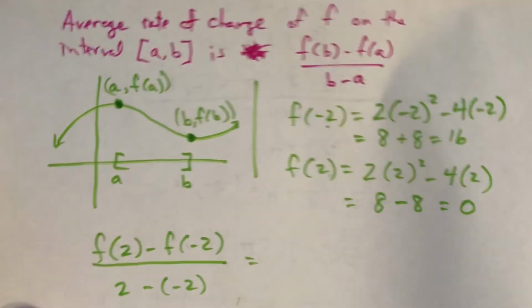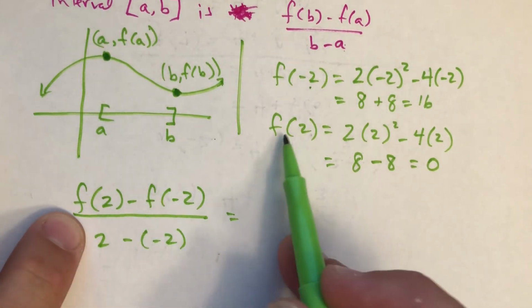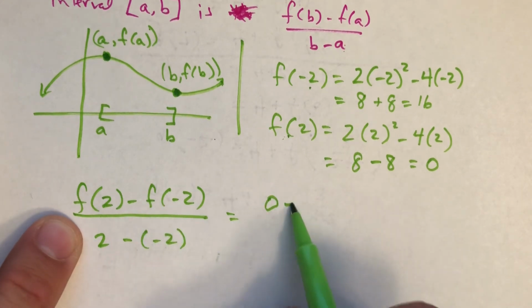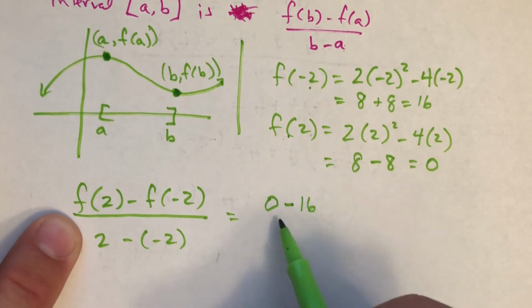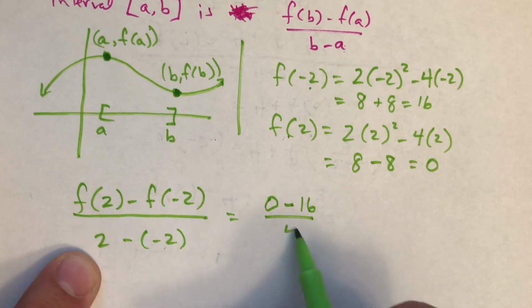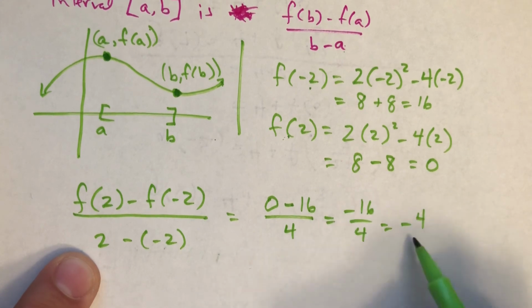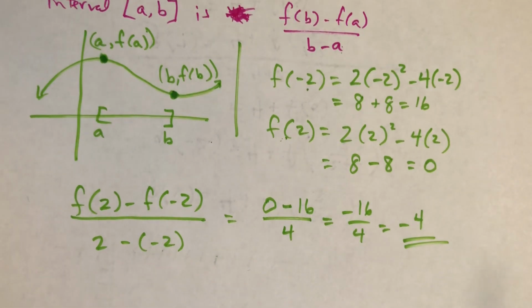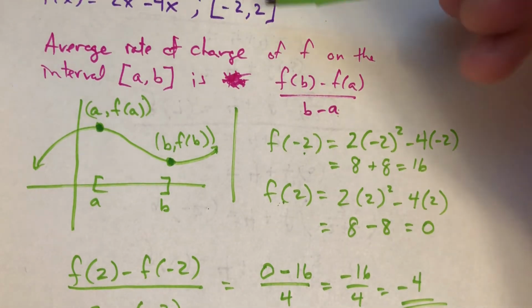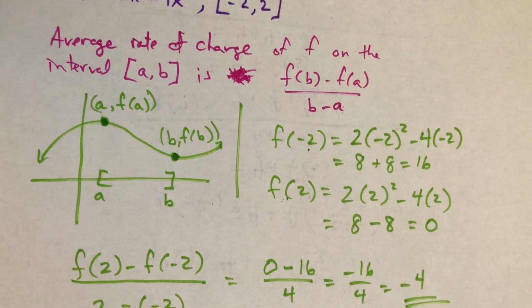Now we can simplify this, because we know that f(2) is 0 and f(-2) is 16. Then we have 2 minus -2, so that's 2 plus 2, which is 4. So we have -16 over 4, which is -4. So our average rate of change of our function between the x value -2 and the x value 2 is -4. So it goes down 4 units over that interval.